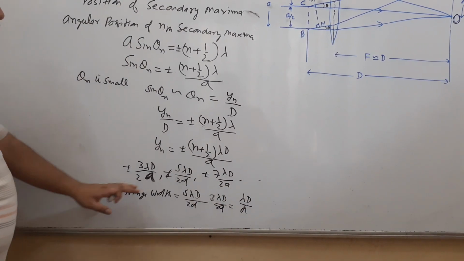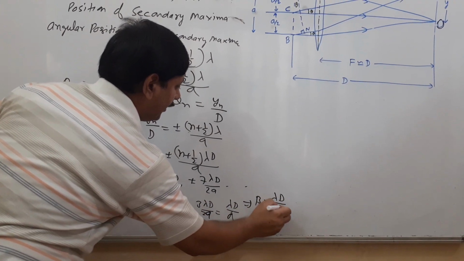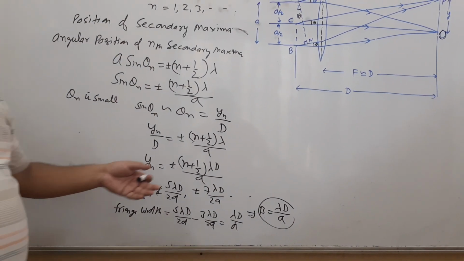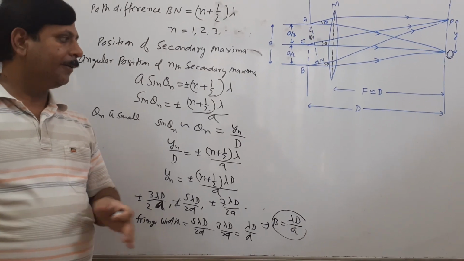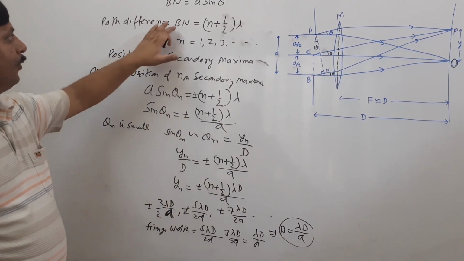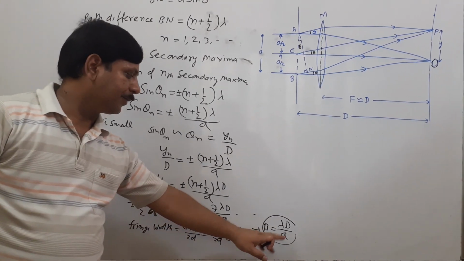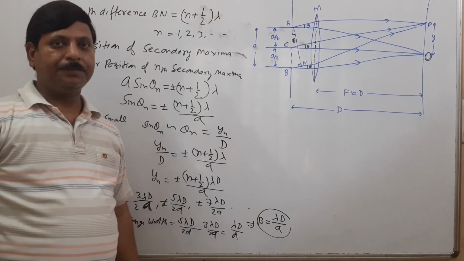So here you will see the fringe width is lambda d upon a. If you see from the figure, the central maxima has a different width. You have seen here that the fringe width of the others is lambda d upon a.